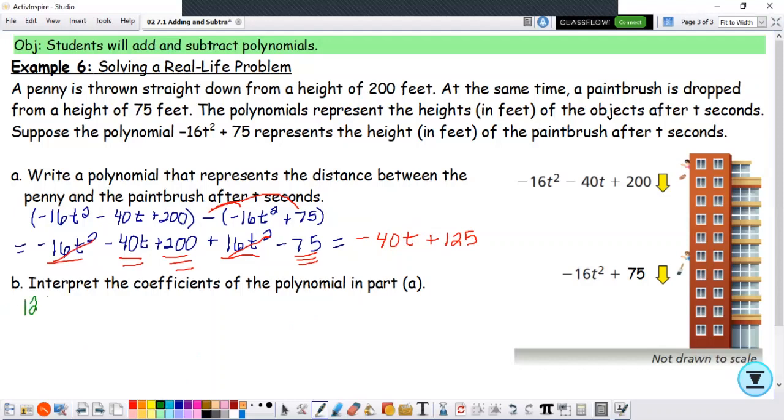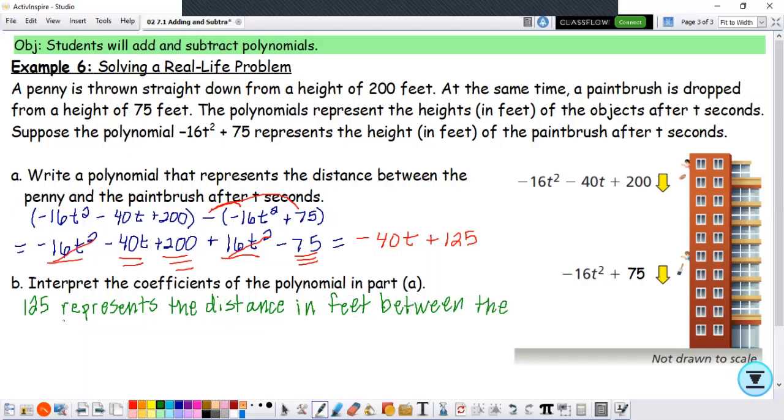So we can say 125 represents the distance in feet between the objects when they are first dropped.